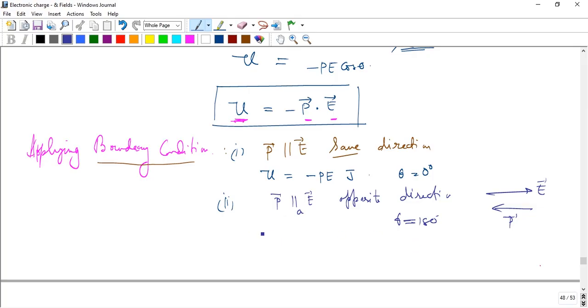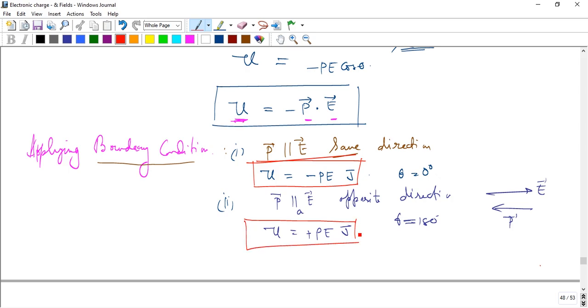Cos 180 means a minus, so cos 180 is minus 1. So U is equal to plus PE joule. In these two cases, we get some potential energy.